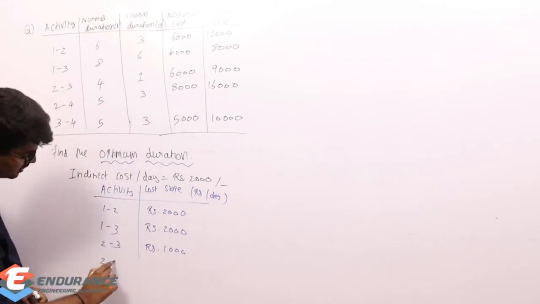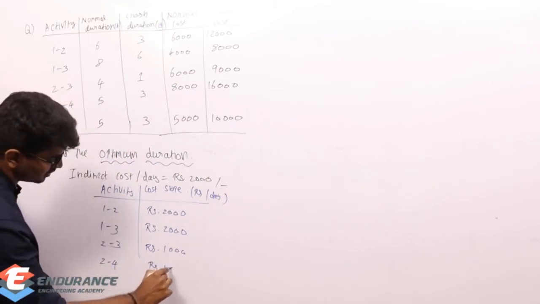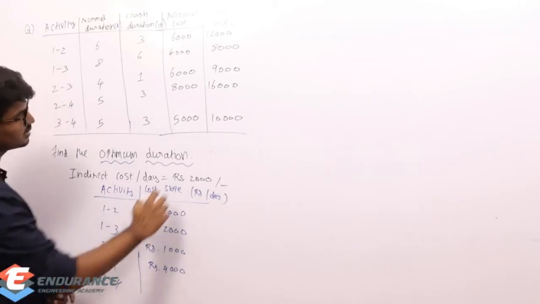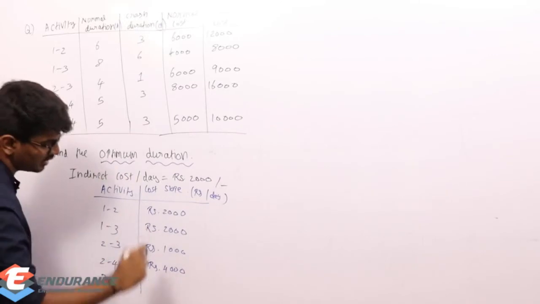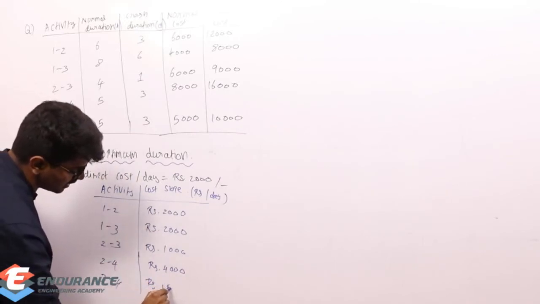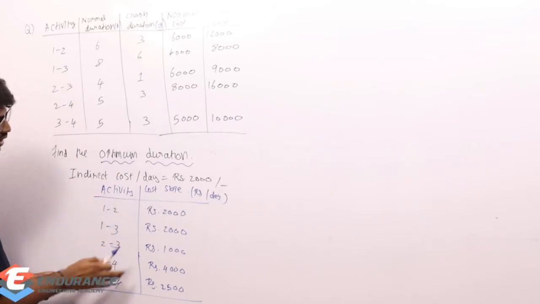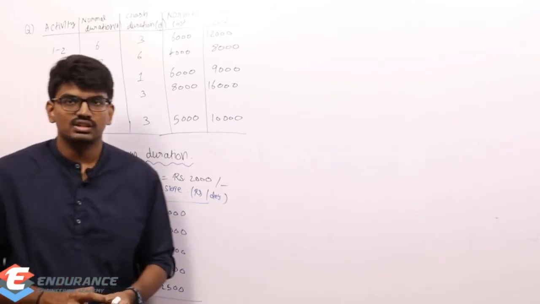So 2 to 4 is rupees 4,000. Finally 3 to 4, the difference is 5,000 by 2, which is 2,500. So overall, we determined the cost slope corresponding to each activity.